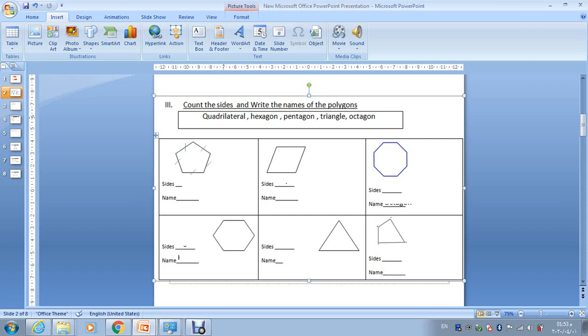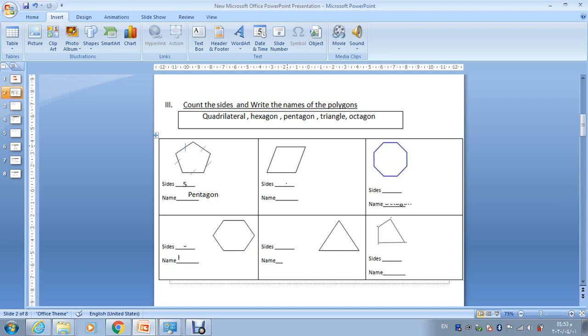Which one is correct? Quadrilateral, hexagon, pentagon, triangle, octagon? Of course it's pentagon. Why? Because the 5-sided polygon has the name pentagon. Penta means 5. Now let's go for the second question.